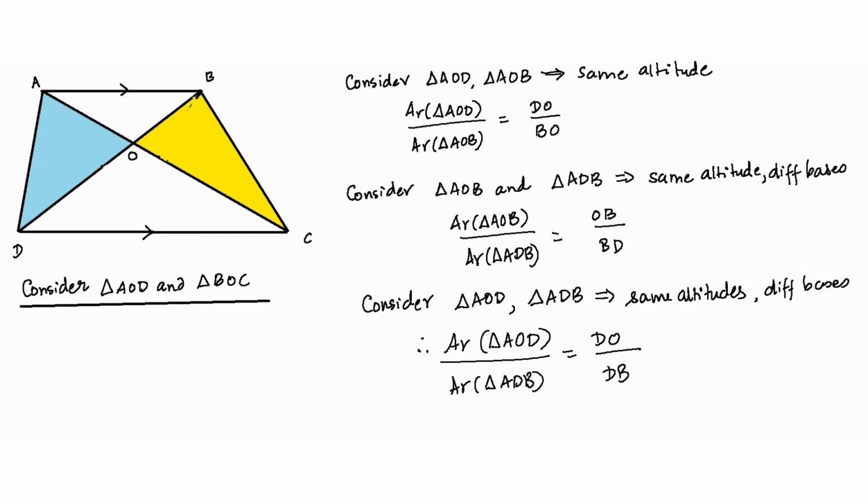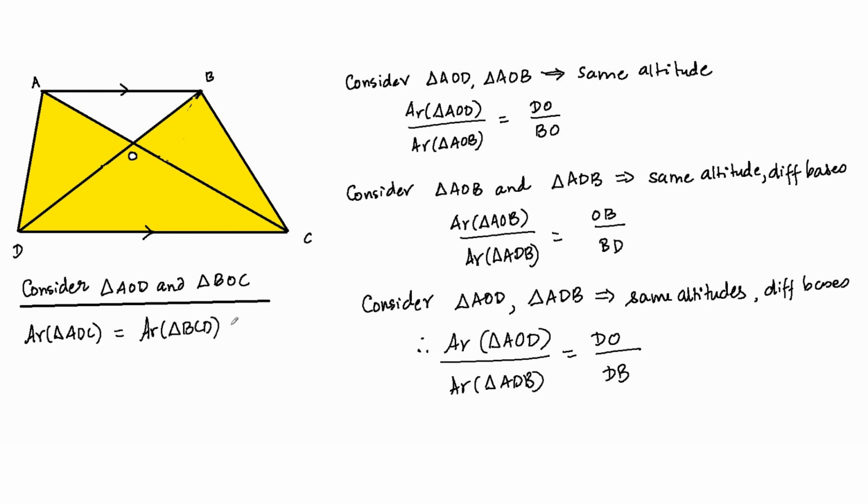What comes to my mind is, we know that the area of triangle ADC, let's write it down. We know that area of triangle ADC is equal to area of triangle BCD. Why is that so?